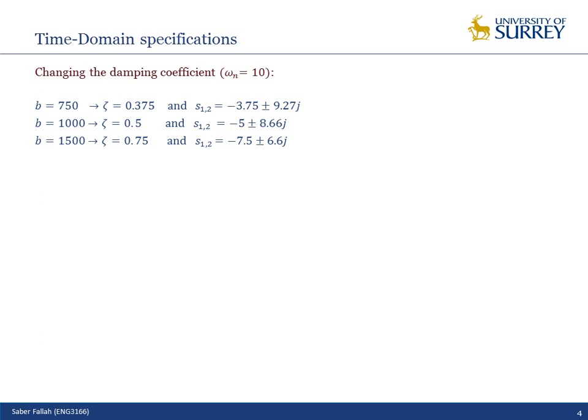It will be 10, the root of k over m, and will be constant. If I choose B equal to 1000, zeta, the damping ratio, will be equal to 0.5, and for 1500, the damping ratio will be 0.75. And the associated poles of the system are given there.